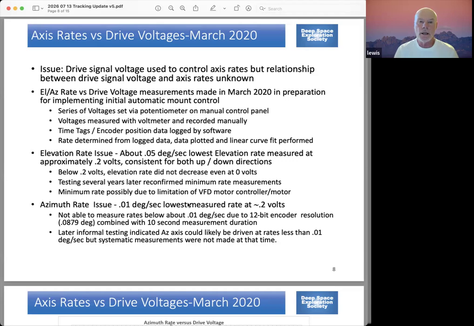So we weren't sure if we quite gathered that data correctly, and we went back and reconfirmed that in some later measurements at the site. In effect, I believe this limitation is due to there being a minimum frequency that you can command the motor to on the elevation axis, which translates to a minimum rate.